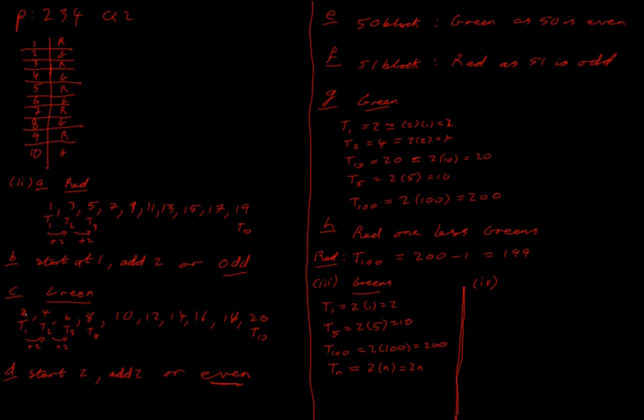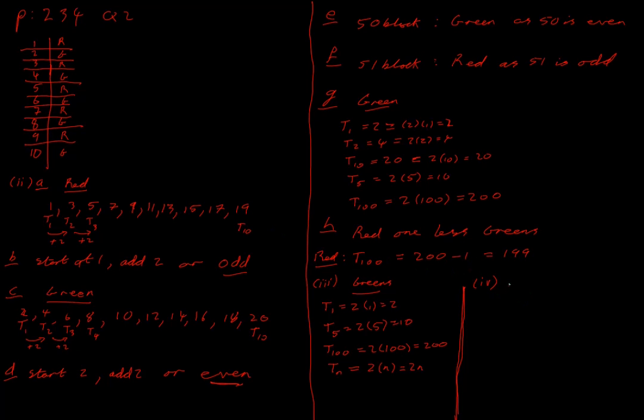So for our T1 in our greens, we had 2. If we take 1 away from that, we get 1, our T1 in our red list. If we had T10 in our green list, that was 20. And if we take away 1 from that, we get our T10 in our red list. So we saw this argument before. We used it for doing part H.